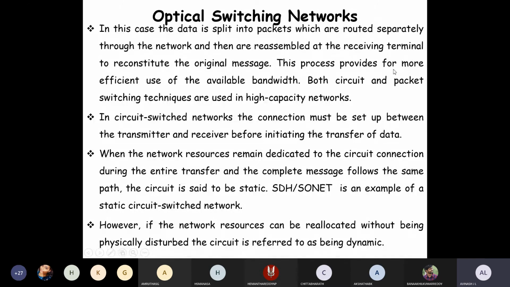This process provides a more efficient use of available bandwidth. As an overall idea, both circuit switching and packet switching techniques are used in high capacity networks. That is a well known fact.